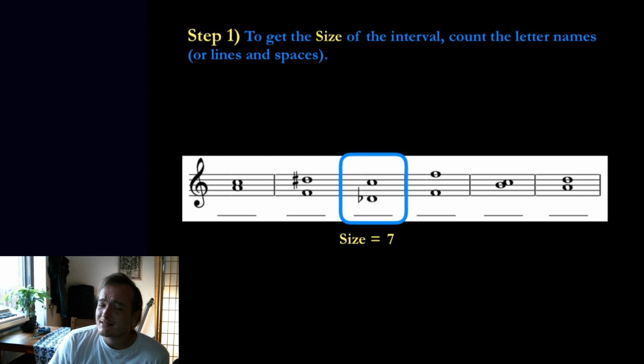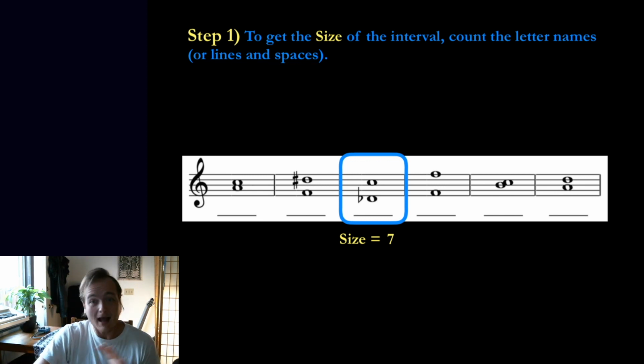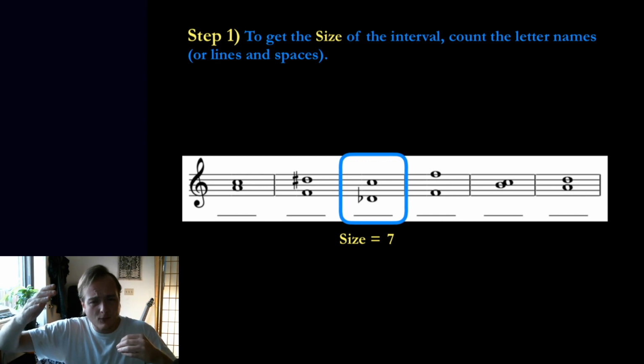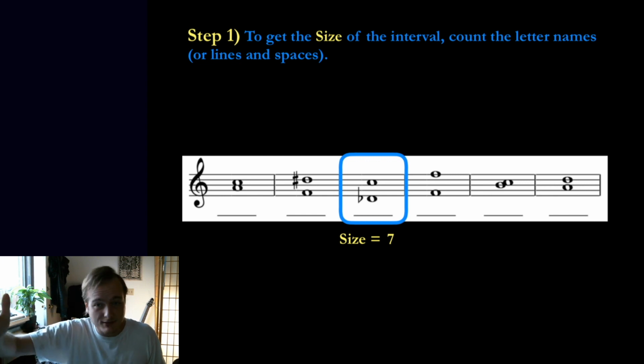But the problem with the scale way here is then I have to build a D flat major scale. And that will take way longer than if I can just figure out this interval much more quickly somehow. And counting half steps with this seventh, I'll be counting 11 or 10 half steps. 12 half steps will get me an octave. This is clearly not an octave. So it's going to be one of the sevenths, either a major seventh or a minor seventh.